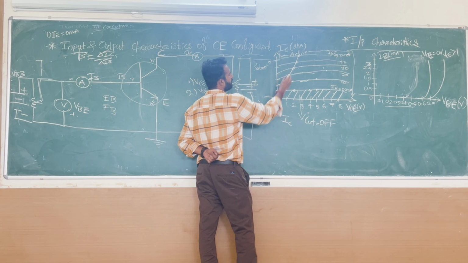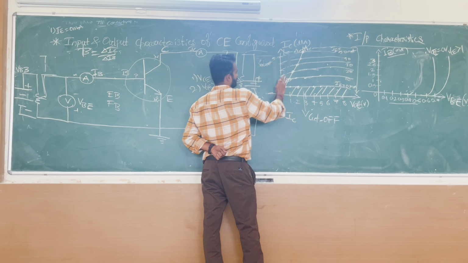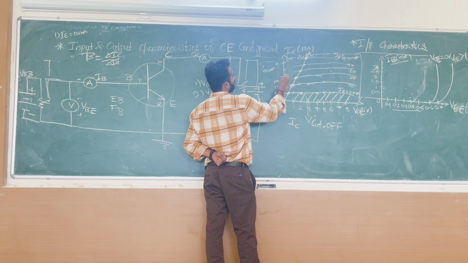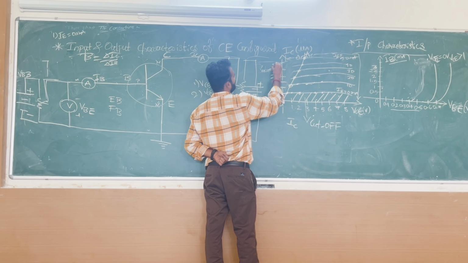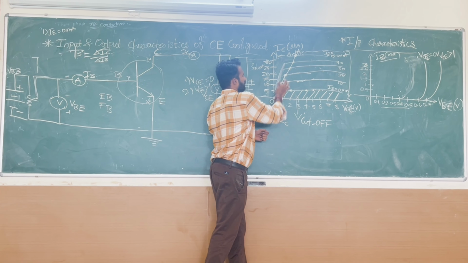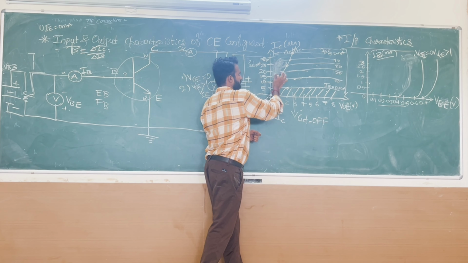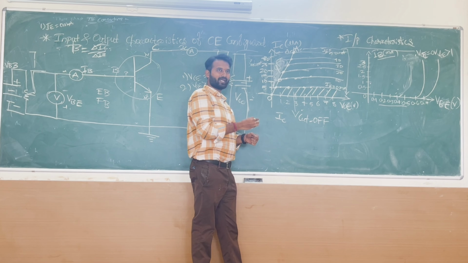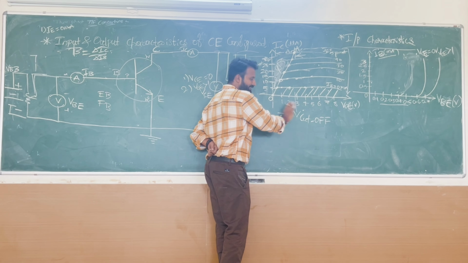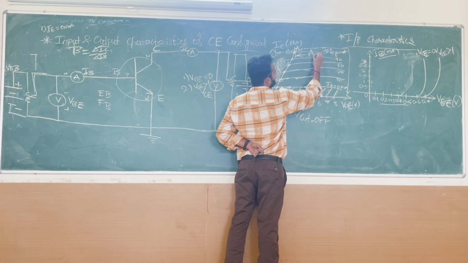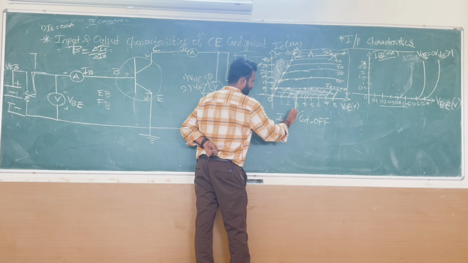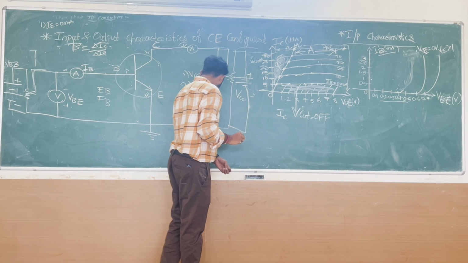Mark this as O, make it as A. IC 5, 10, 15, 20, 25, 30. Listen here, focus here. Whatever I am marking here is your saturation region. This middle section, the center section, is the active region. Whatever this is, is nothing but the cutoff region. I'll explain those now.